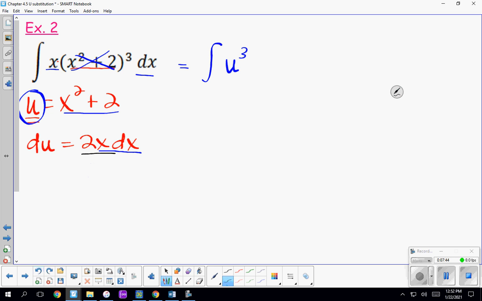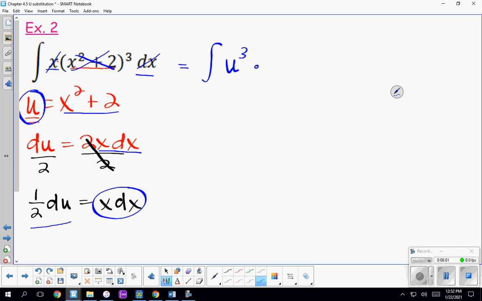So I'm going to divide each side by 2 so that I get 1/2 du equals x times dx. And that's helpful because now this matches what I wanted to eliminate up here in the problem. So I'm going to substitute in a 1/2 and a du.